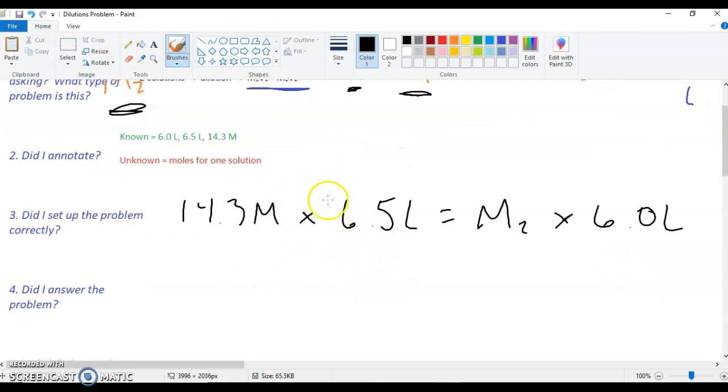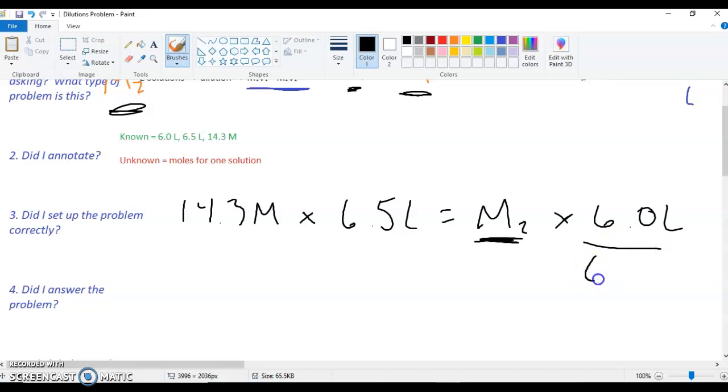So now I know I've set up the problem correctly. I've included all labels and everything. So now in order to solve for M2, I need to use the opposite operation of multiplication.